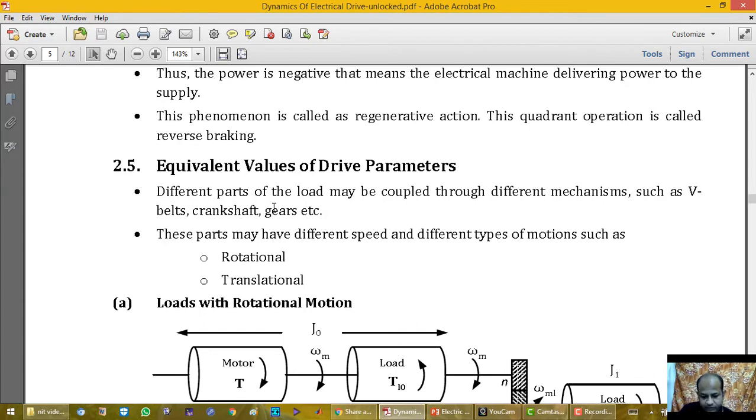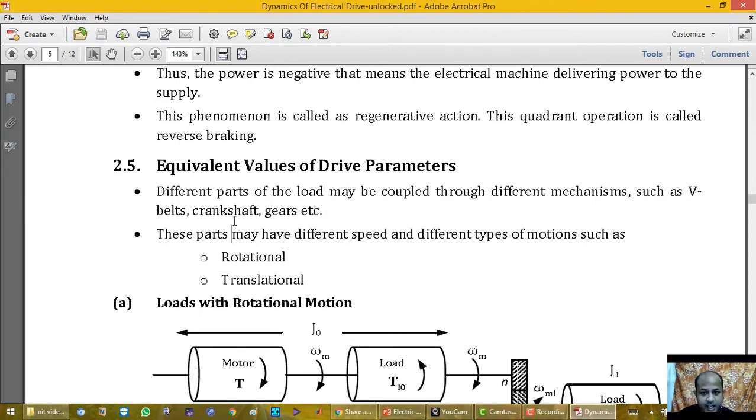Motor generally drives a load, and that motor and load are connected through some transmission system, and that transmission system can be V-belt, crankshaft, gear, etc. Now these parts have different speed and different types of motion.